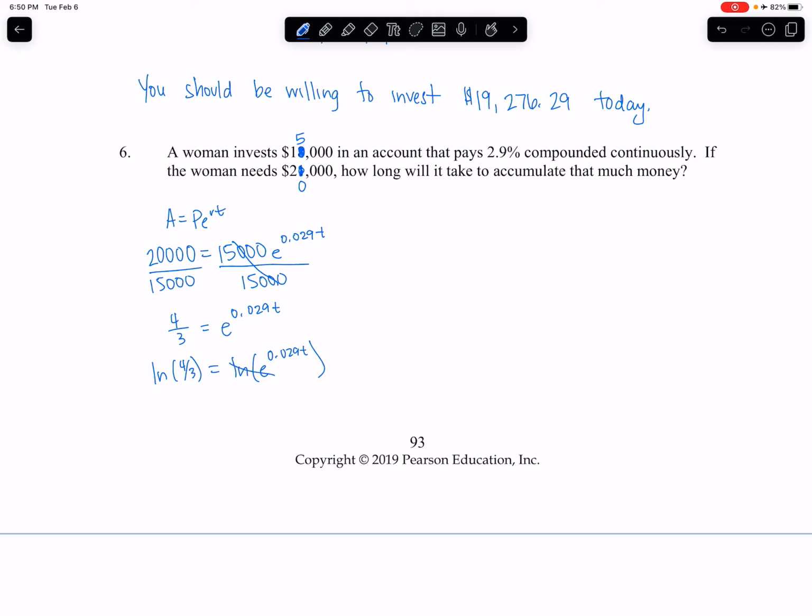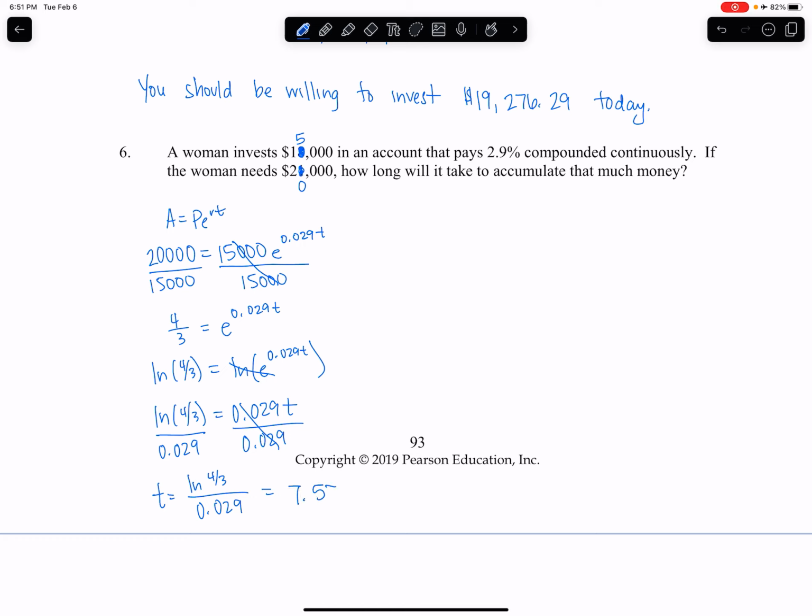Those are inverses, so we have ln(4/3) = 0.029 t. We divide. t is ln(4/3) over 0.029, which is 7.57.